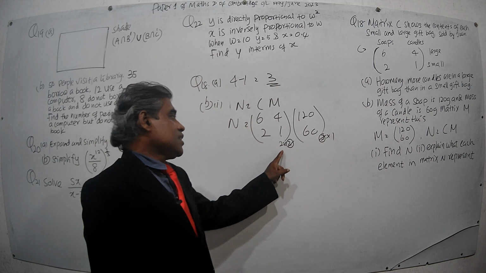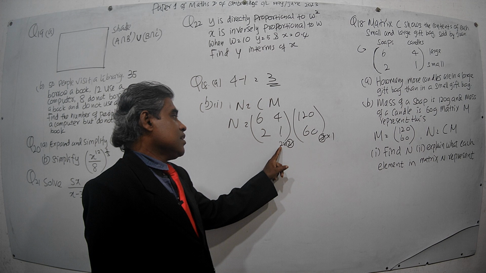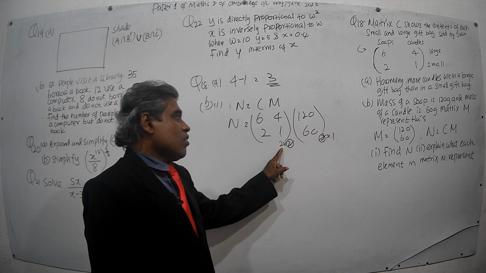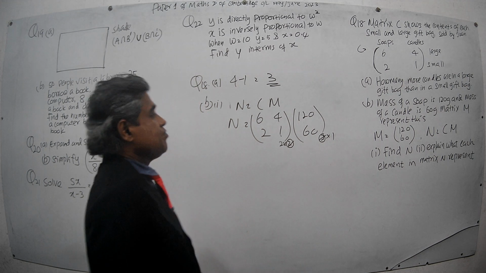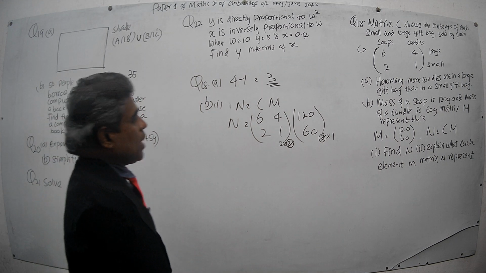The order of the resultant matrix will be 2 rows and 1 column, like that. Okay. Now see, we will multiply this.